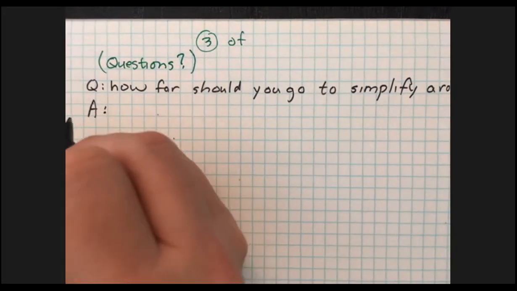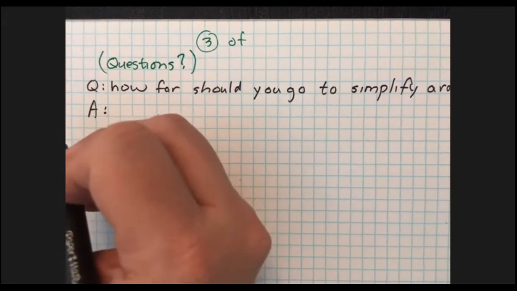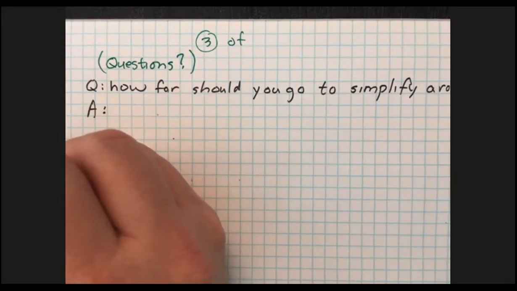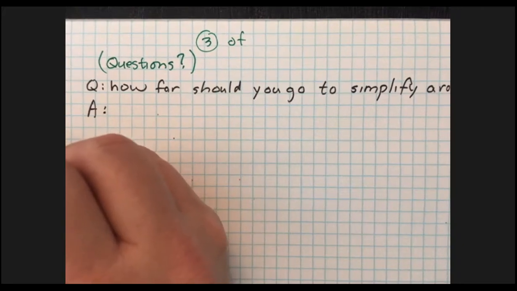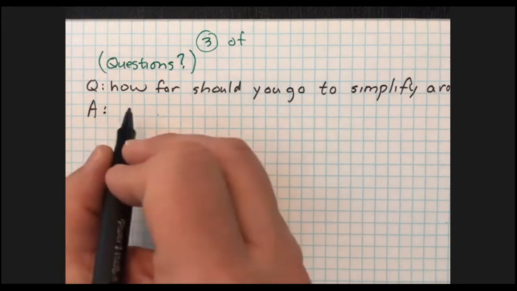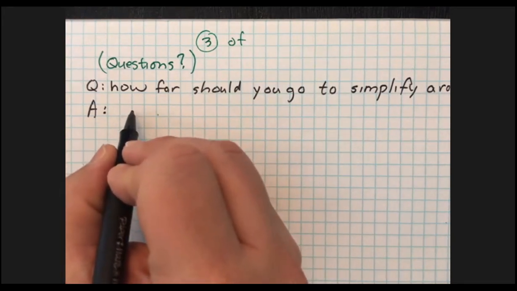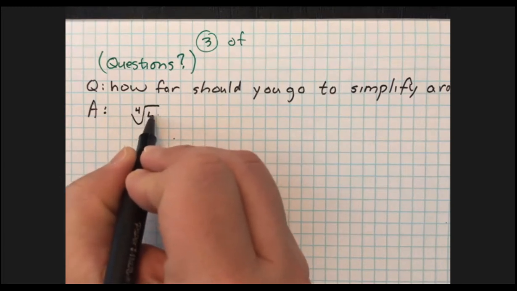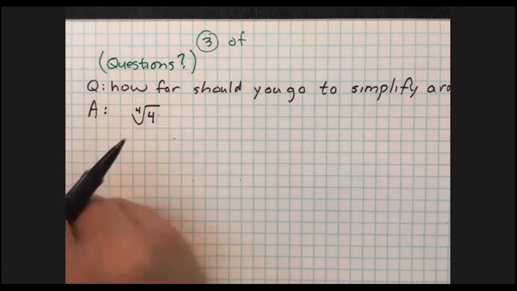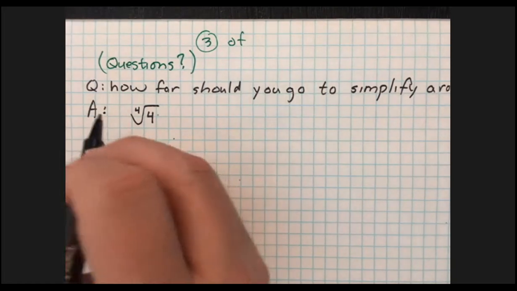Let me give you an example. Without giving you that example, let me think. Here's a really good example. Similar to what you're asking. What if I asked you what the fourth root of 4 was?